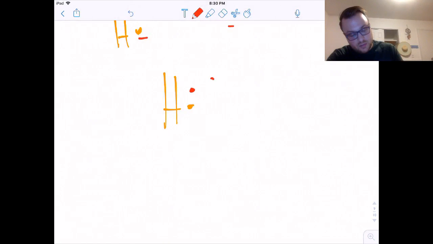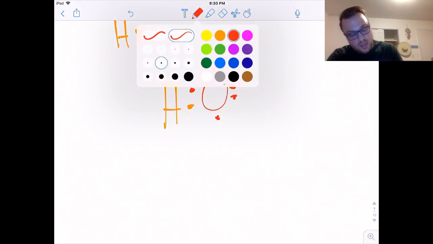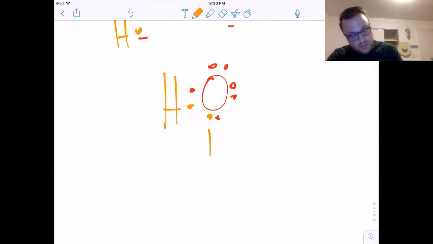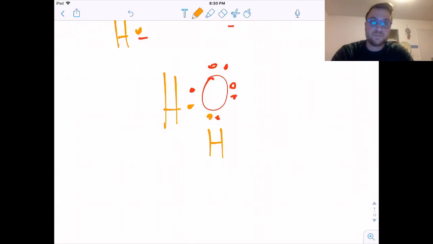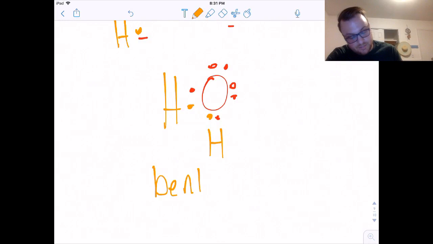Water always is drawn bent. We say this structure has a bent geometry. So, there's a few geometries we need to know when drawing compounds. I'm going to do all the ones you need to know tonight.